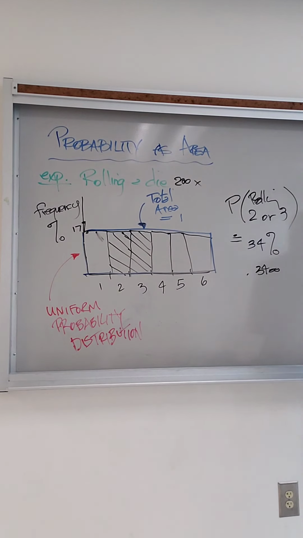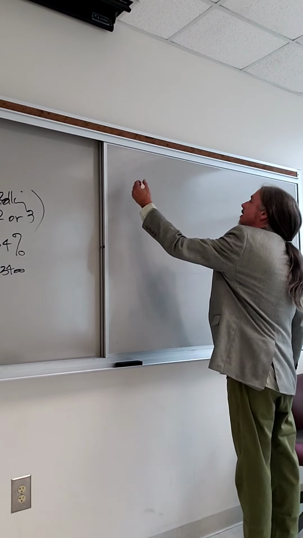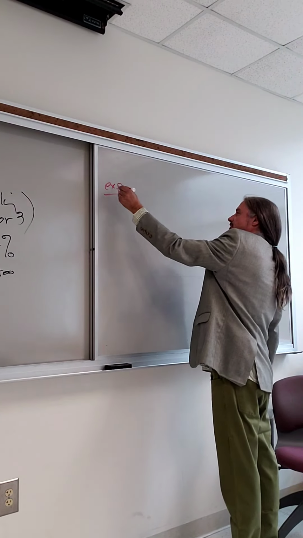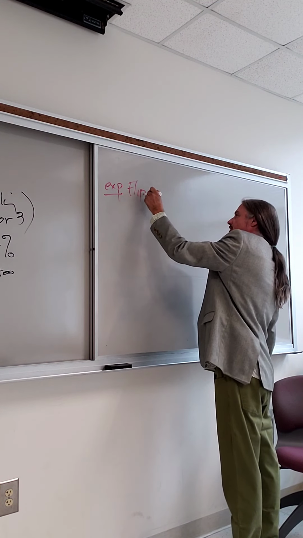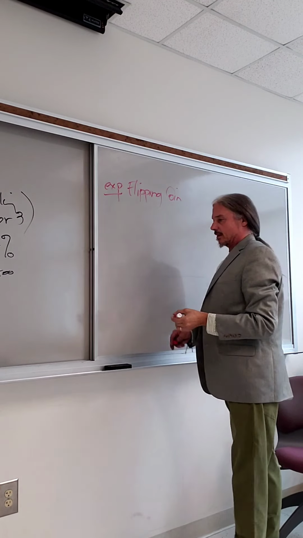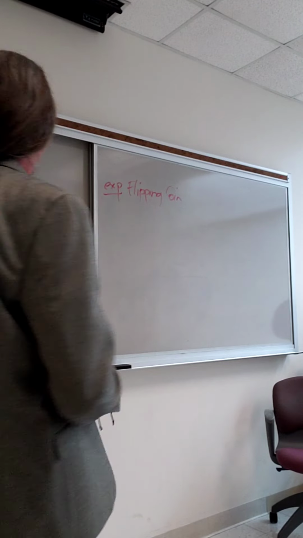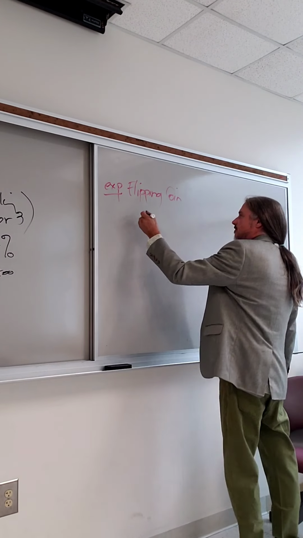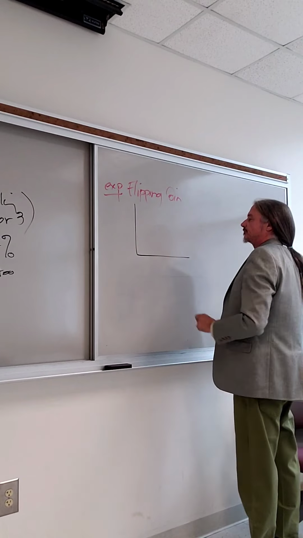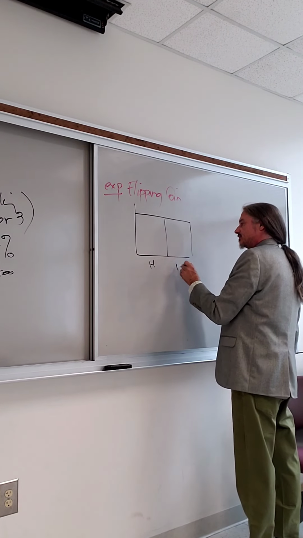So if we did this board, can you see this board? Probably not. So if we did the experiment flipping a coin over and over, I need a darker marker. Try the black one. If we did the frequency graph, there's only 2 things that can happen: heads or tails.